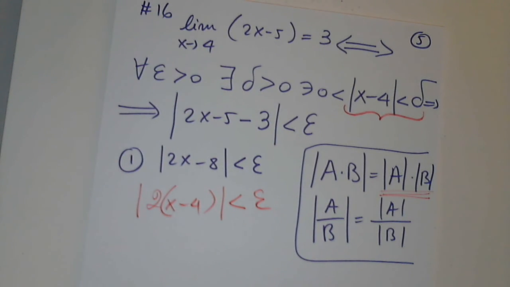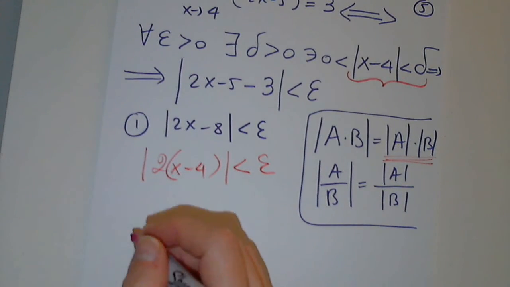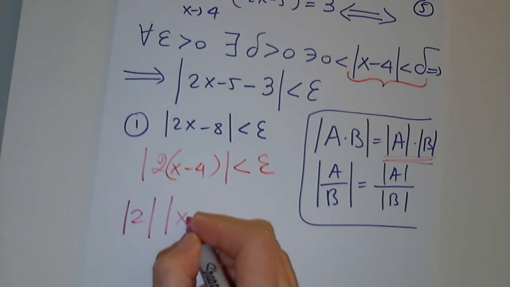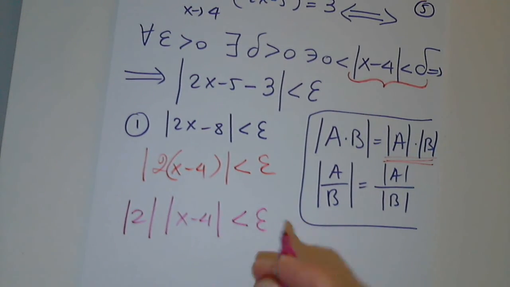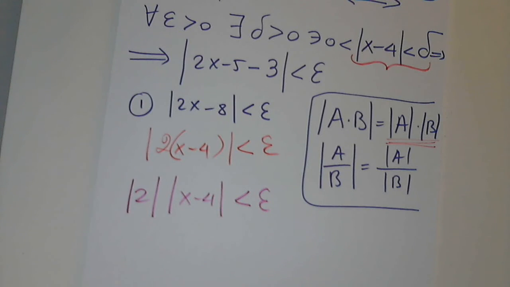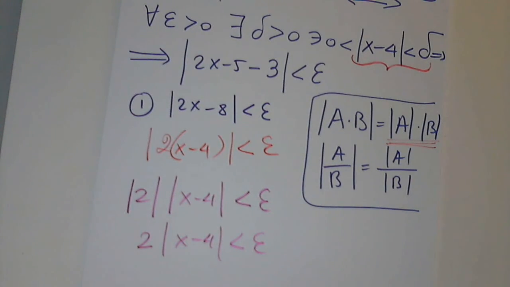And I have to write it, although we know that the absolute value of 2 is 2, but I have to write that step. Which step? Can anyone dictate the next step? Now I can determine or simplify the absolute value of 2, which is 2. I write x minus 4 in absolute value less than epsilon.